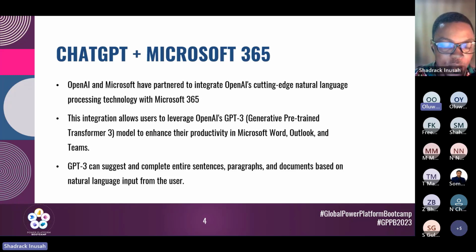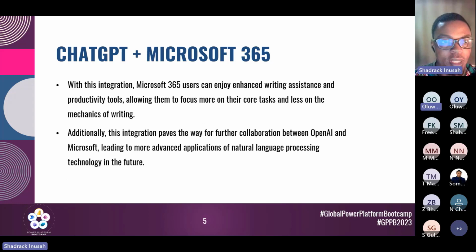So they are all included, right? Not just Power Apps, not just the Power Platform, which was announced recently. GPT-3 can suggest and complete entire sentences, paragraphs, and documents based on natural language input from the user, which we are going to build.